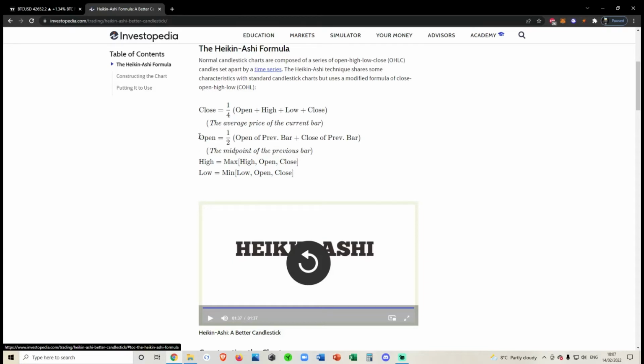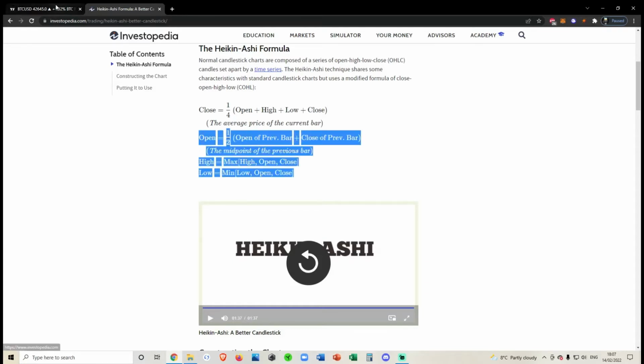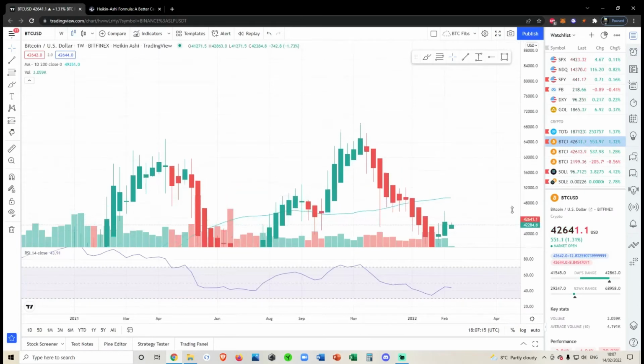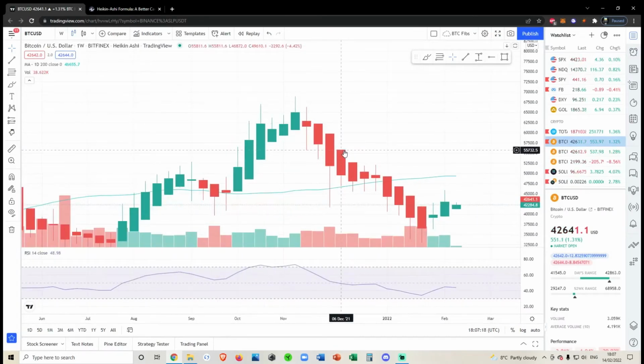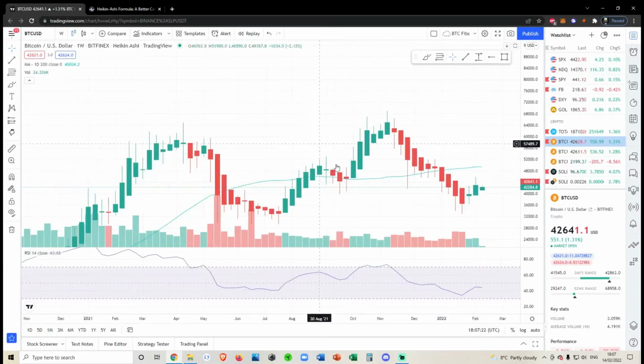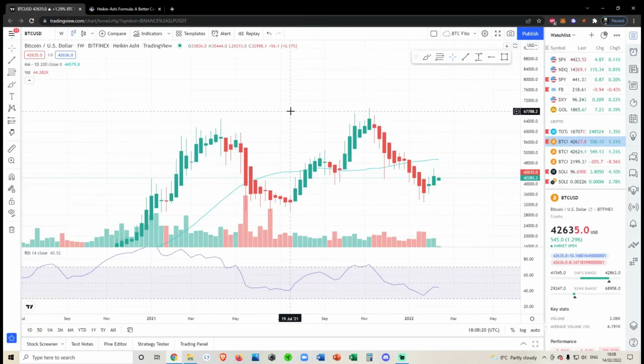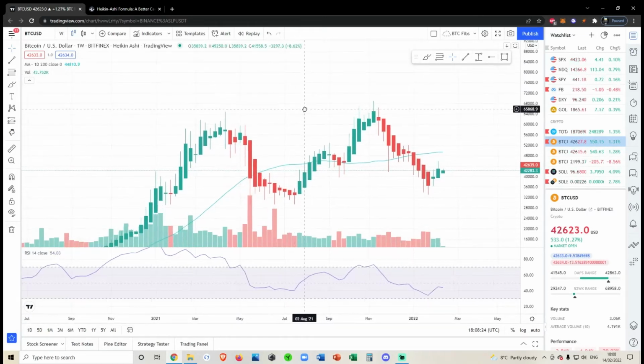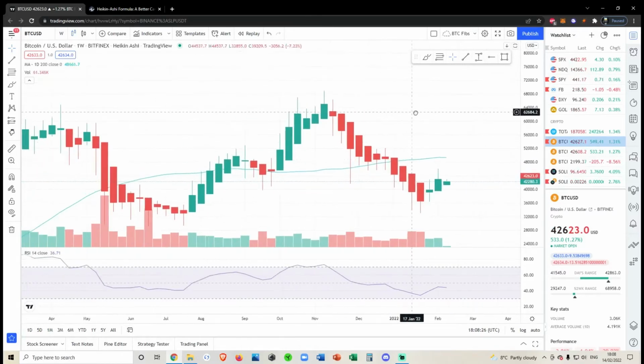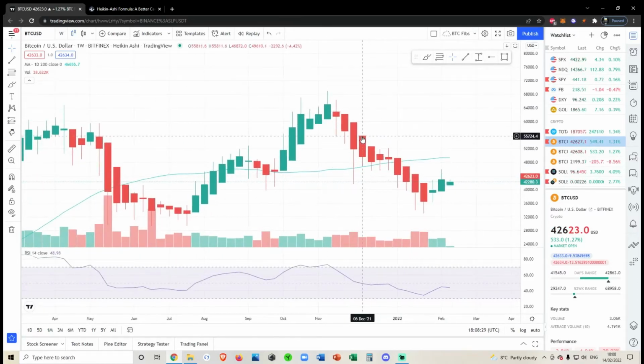So like I said, the opening is the most important part, because if we come over to here, you can see that the opening of these candles are halfway through the candle bodies, and I'll explain why that's so important in a minute. So the Heikin-Ashi candles are simply referred to as the average of the bar. Now what this means is, if we come in again, you can see that the opening is midway between the average of the candle body bar.